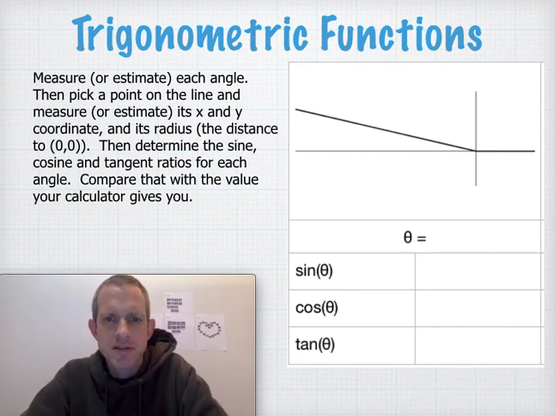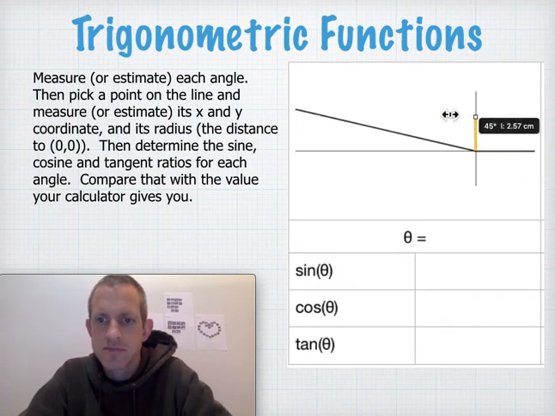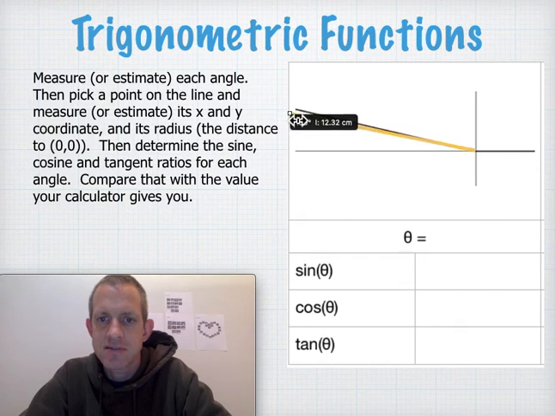So here's an example that might bring this into play. I've got an angle drawn in here, and I want to measure how big the angle is, and I want to pick some point on this and measure its x and y coordinates. So let me pull out a measuring stick for a second. If I rotate this around, I can see that this angle's close to 170 degrees.